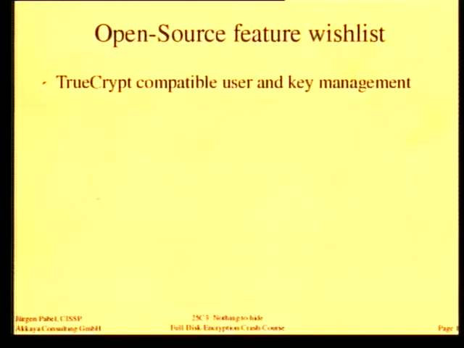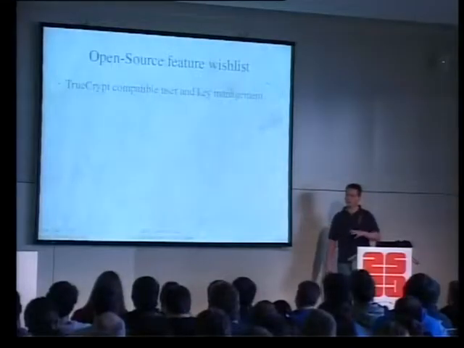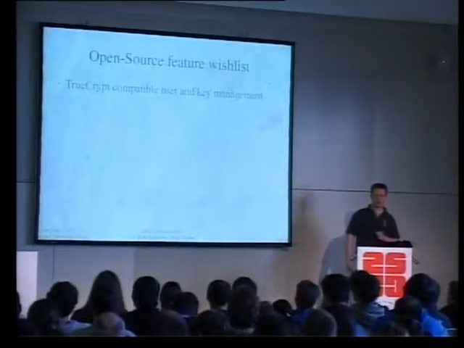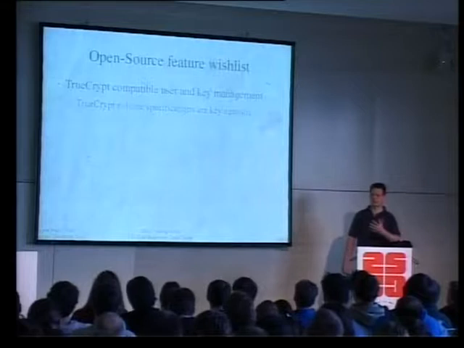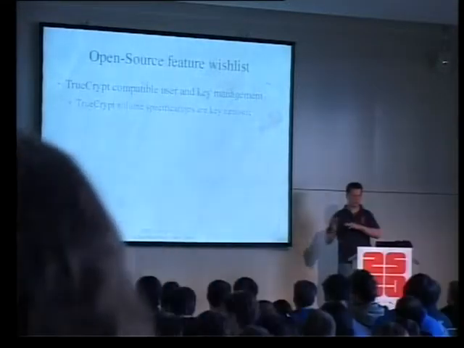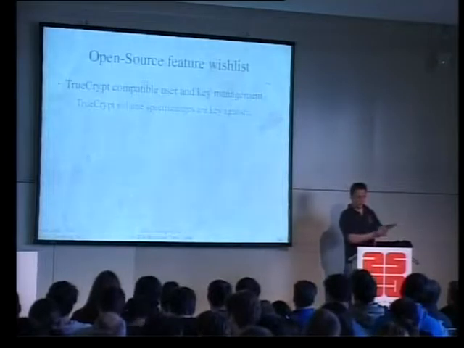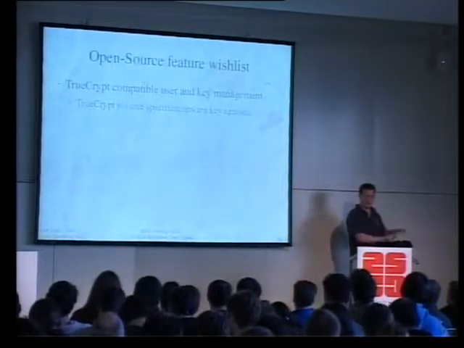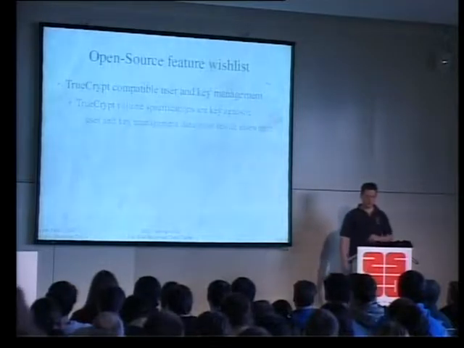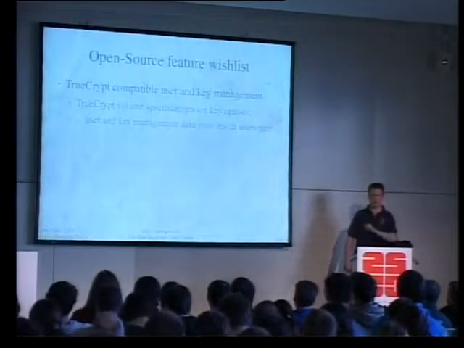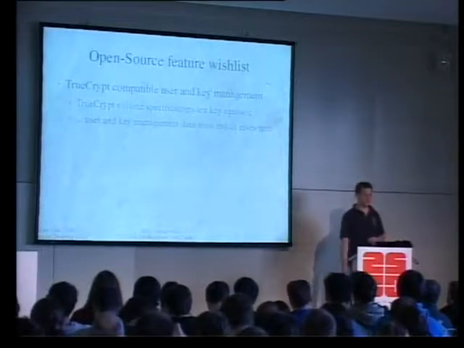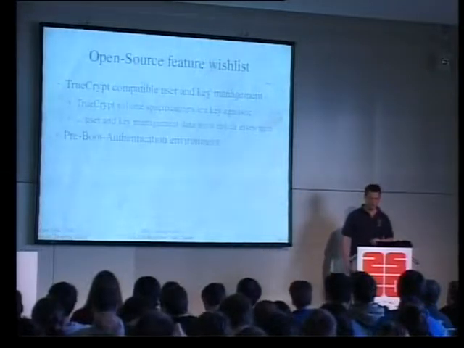And maybe they can do it by extending the current specifications, or they just add on some other specifications that allow you to lay off your user and key management data outside of the actual TrueCrypt header. That way you could stay backwards compatible and also allow for user and key management to take place.